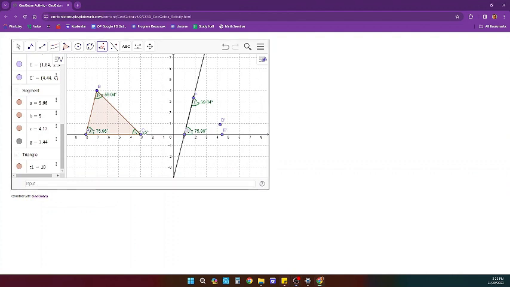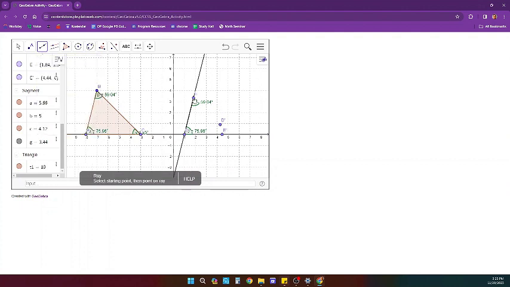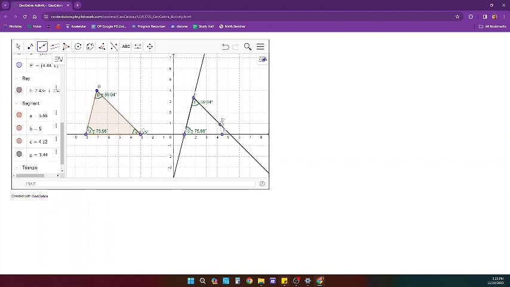From here, I need to create a ray from E and a ray from D, so when they intersect, they create a third point. So I'm going to get my ray tool. I'm going to line it up with the angle I created, like so.